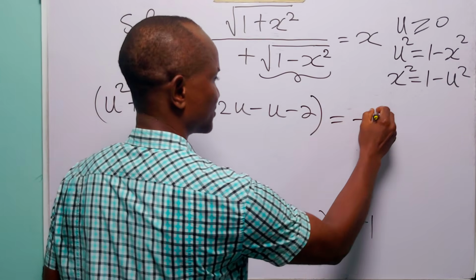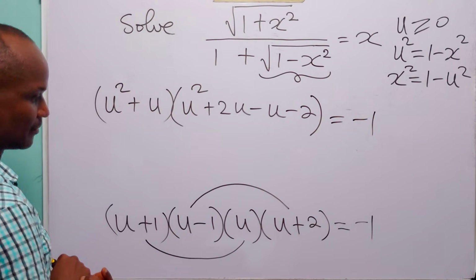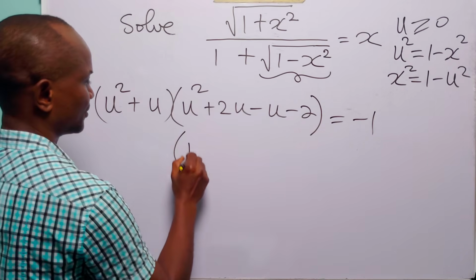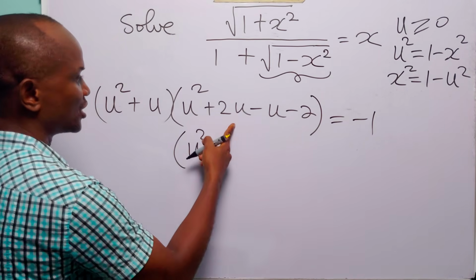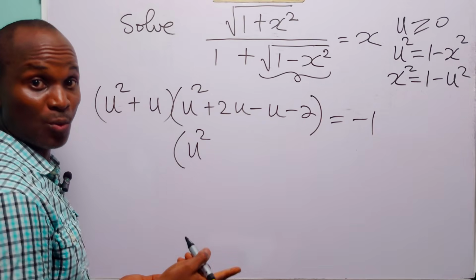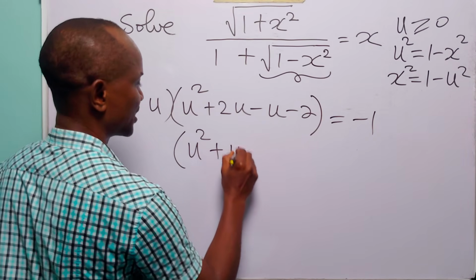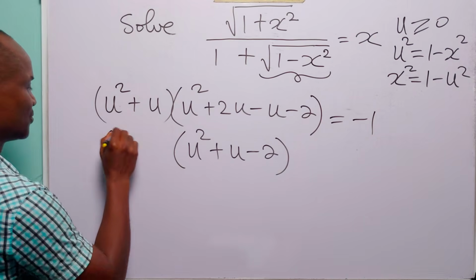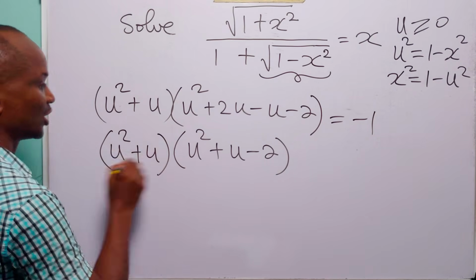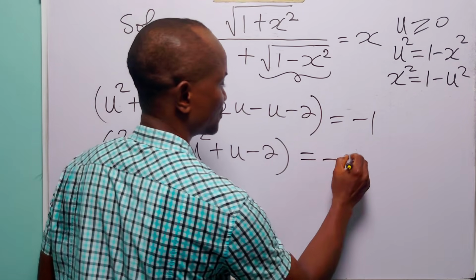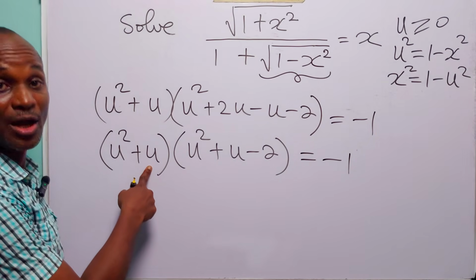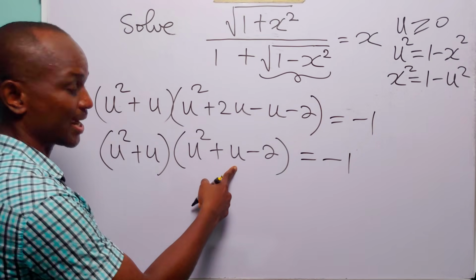And of course, this is still equal to minus 1. Now look at this. We have u squared. 2u minus u is equal to u. So we have plus u minus 2. Here we have u squared plus u, and this is equal to minus 1. Now notice that we have u squared plus u squared plus u.